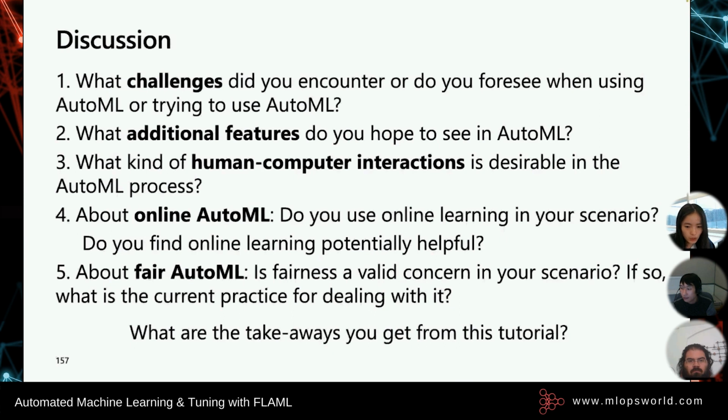And about fair AutoML, we want to know, is fairness a valid concern in your scenario? If so, what is the current practice for dealing with it, especially in the context of machine learning? And finally, we would like to ask, what are the takeaways you get from this tutorial? And we hope to learn from your feedback.